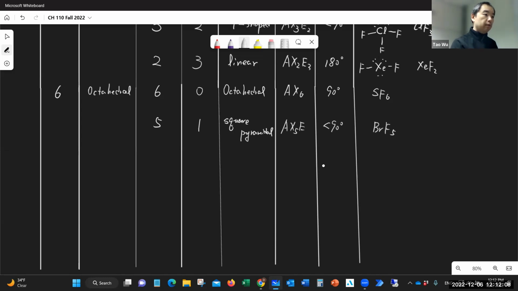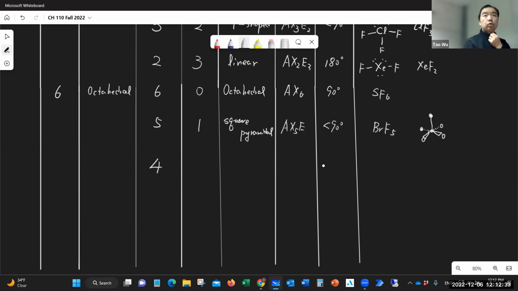We have one dot showing, so that is called square pyramidal.